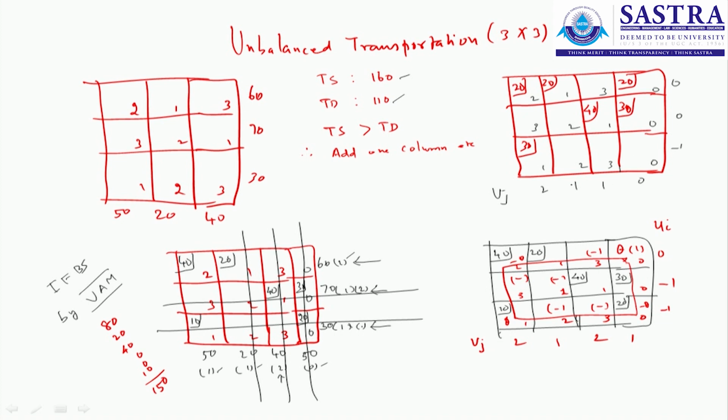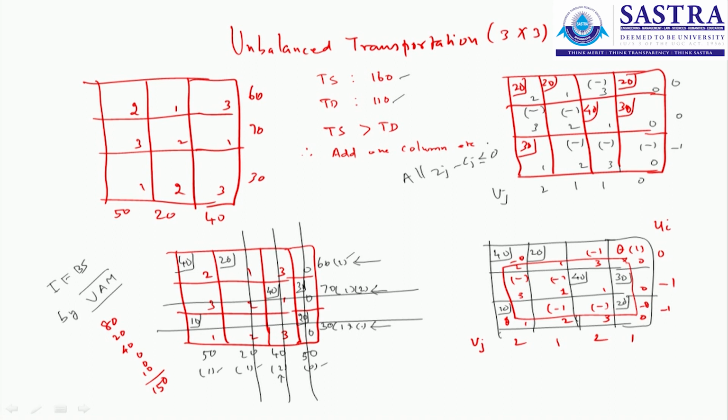All Ui and Vj are fixed. For non-basic cells, 1,3: 1 plus 0 minus 3 is negative. Then 2,1: 2 plus 0 minus 3 is negative. 2,2: 1 plus 0 minus 2 is negative. Then 3,2, which is also non-basic: 1 minus 1 is 0, 0 minus 2 is negative, 1 minus 1 is 0, 0 minus 3 is negative, 0 minus 1 is negative. So, all Zj minus Cj are negative.